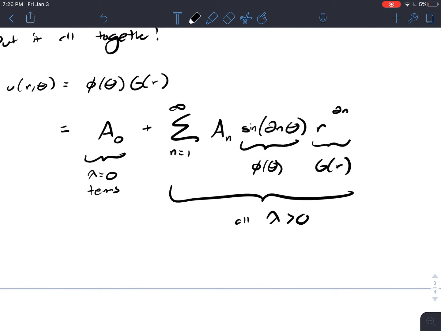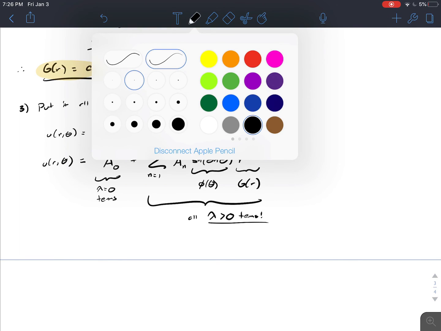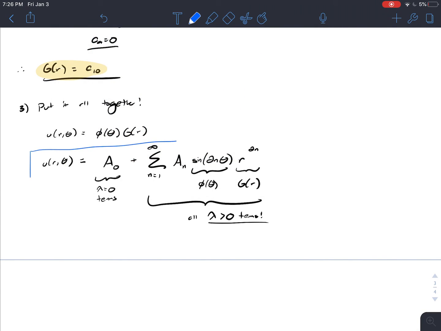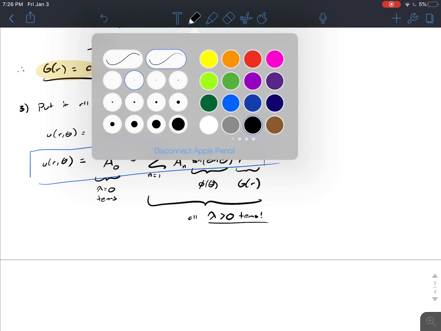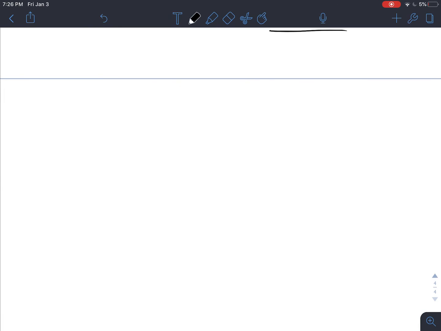And these all account for all lambda greater than 0 terms. Cool, so this pretty much comprises our final general solution for u. Okay, but we still have one more step to go, which is to find the coefficient values for a0 and an. So step 4, find coefficients.